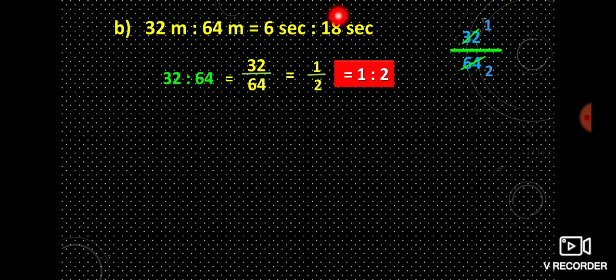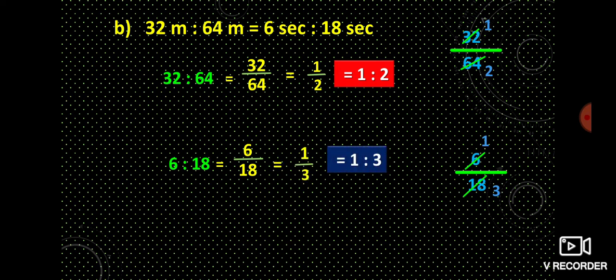Next we do these two ratios. 6 is to 18. 6 by 18. In 6, 1 6. In 18, 3 6. That is 1 by 3. 1 by 3 equal to 1 is to 3. Oh, these are not equal. First one is 1 is to 2. Second one is 1 is to 3. They are not equal. So we can write the given statement is false.